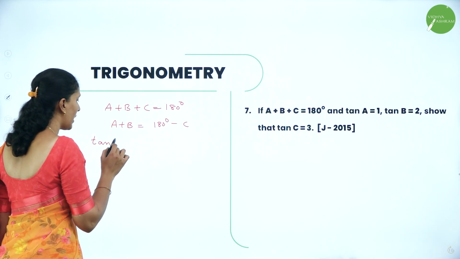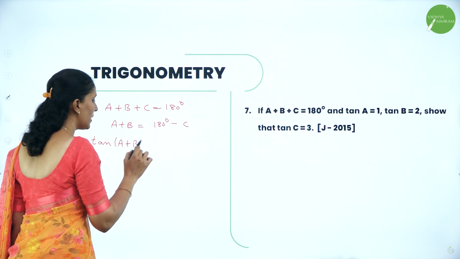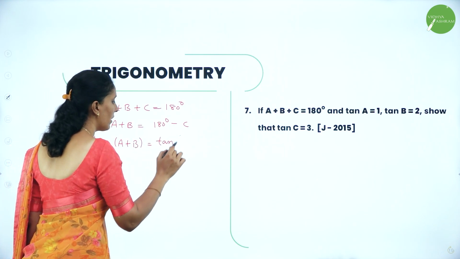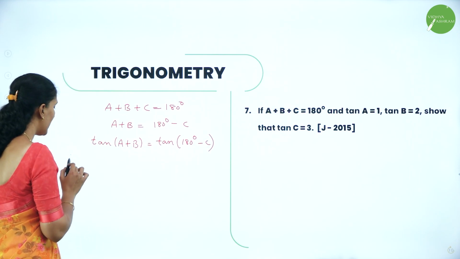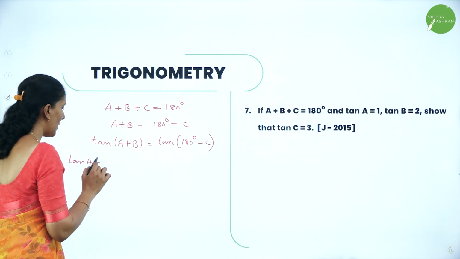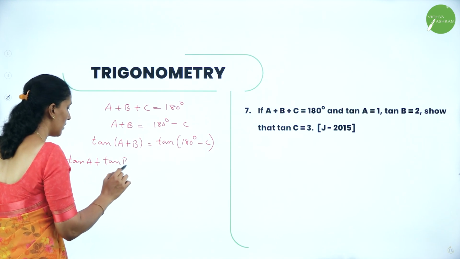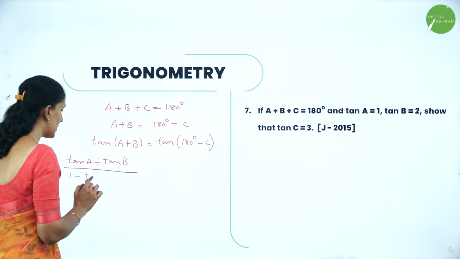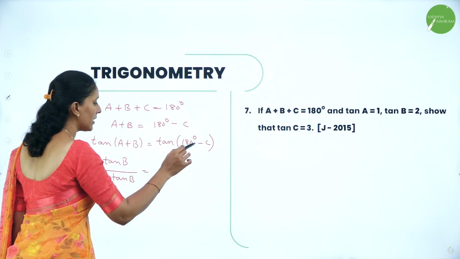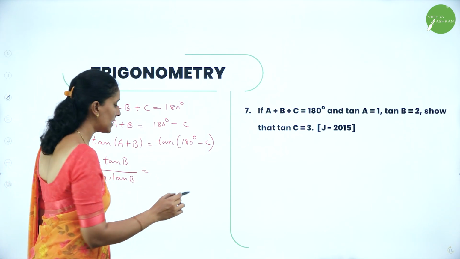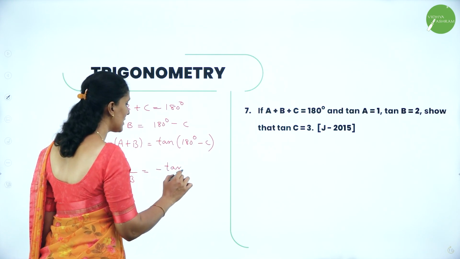Applying tan on both sides, we get tan a plus b is equal to tan 180 minus c. So here tan a plus b is tan a plus tan b divided by 1 minus tan a into tan b. Tan 180 minus any angle is minus tan. So therefore here it becomes minus tan c.